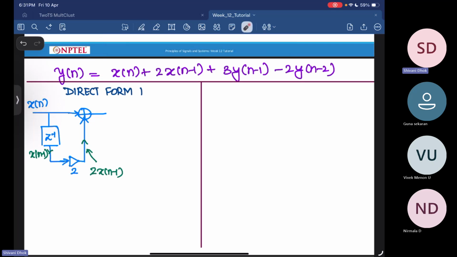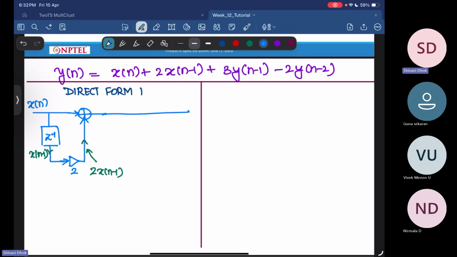You get x of n plus 2 times x of n minus 1. So this is what we have. But on top of it, let's say you have y of n here. This is your output, and you are going to feed back y of n's delayed responses. This delay block will give you y of n minus 1. Then you also have a term of y of n minus 2.